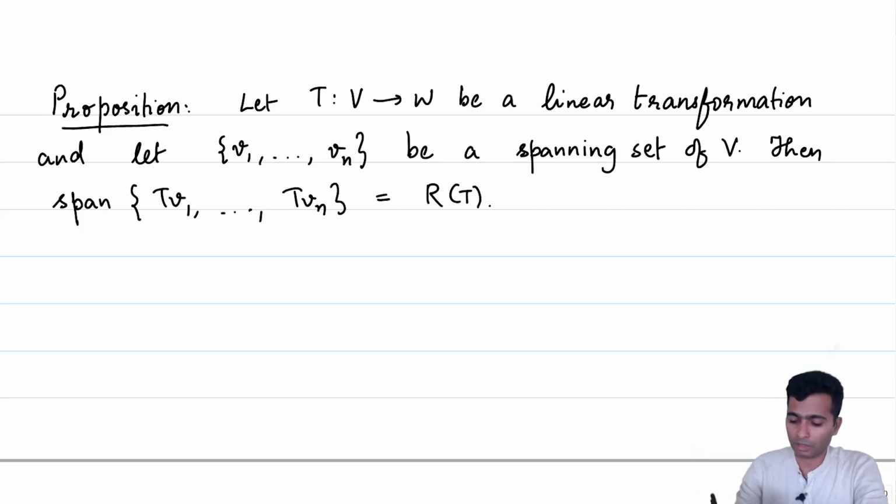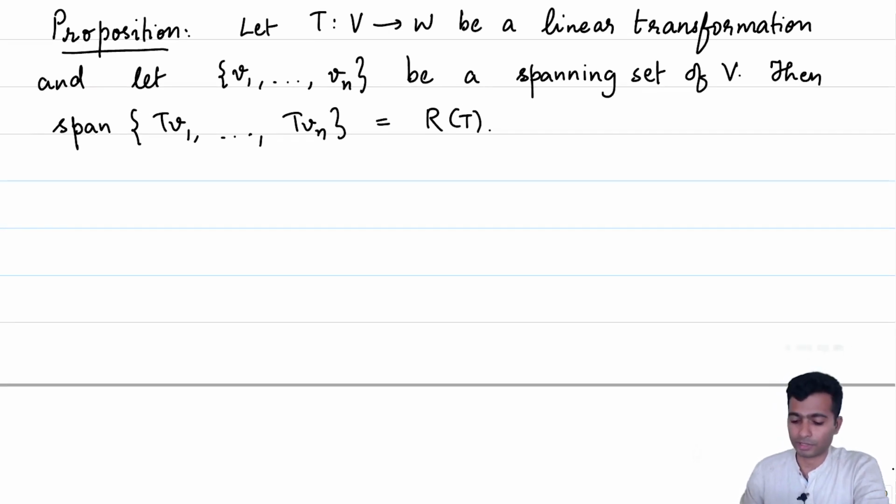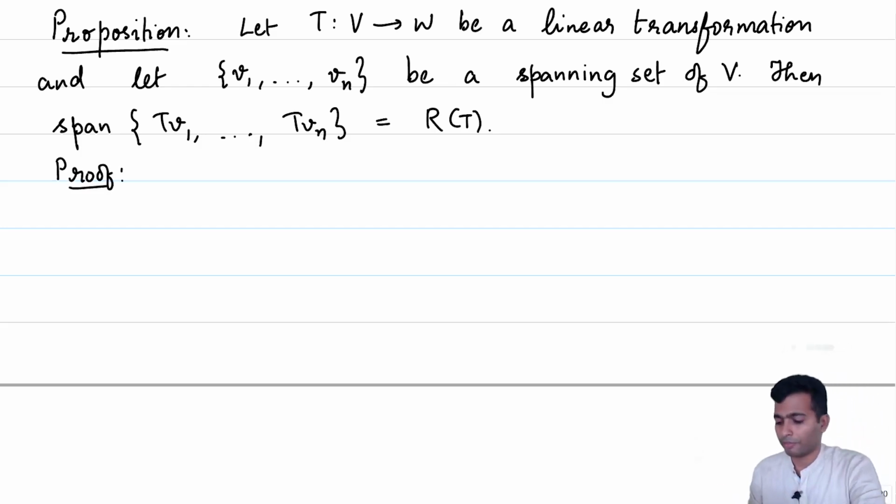We had given a proof of this, or at least it was described, in the course of the proof of the dimension theorem. Let's single that out and give a quick proof. What do we have to show to establish that span of TV1 to TVn is equal to R of T?